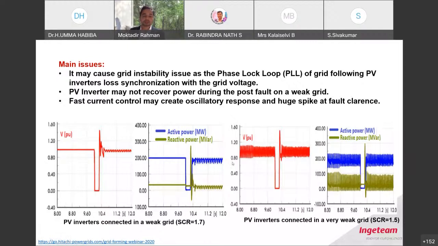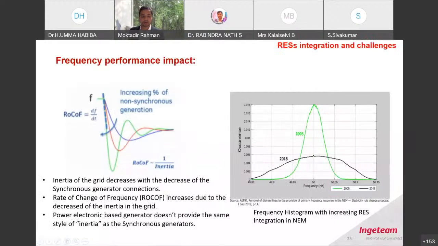So what is the solution when the grid is very weak, and what technology can we use to support the grid? This is another example: when the inertia of the grid is decreasing, the rate of change of frequency is increasing. You can see here that when the inertia is decreasing, the rate of change of frequency is very steep.